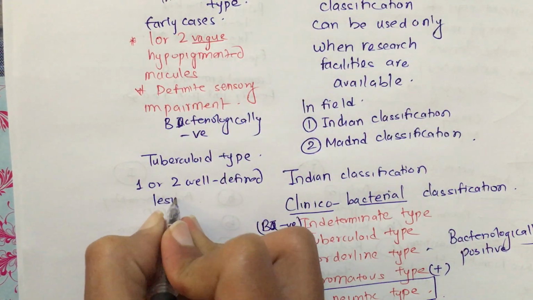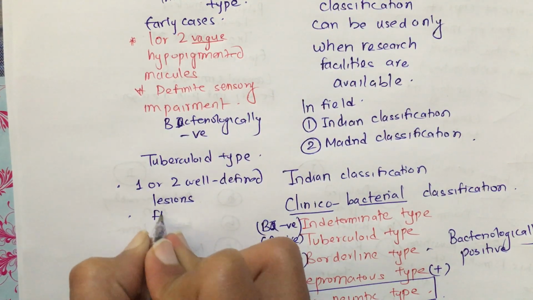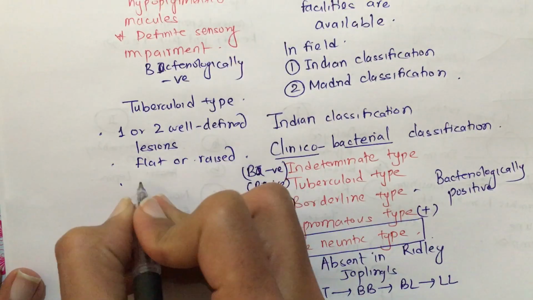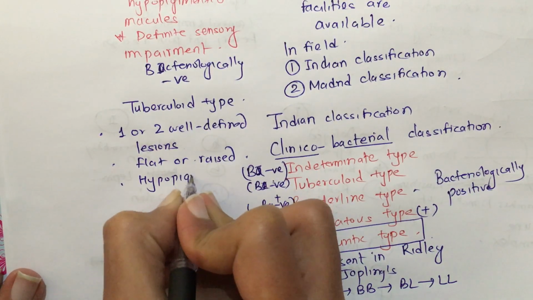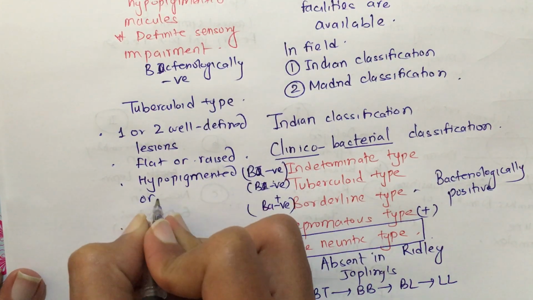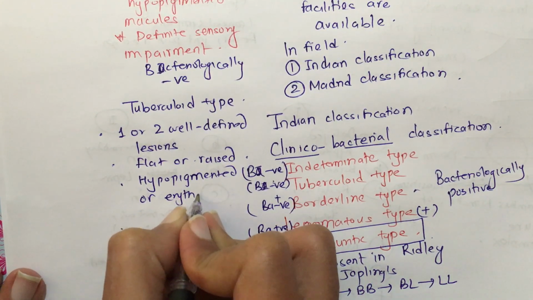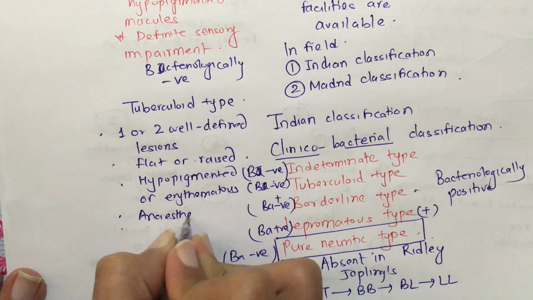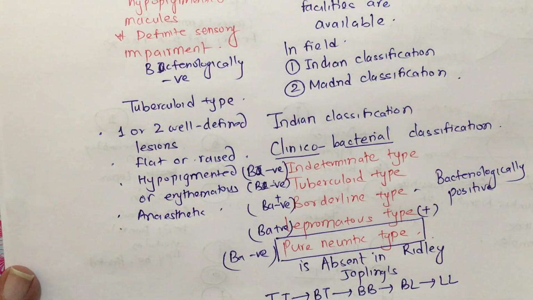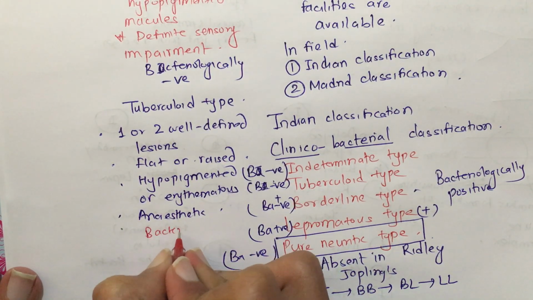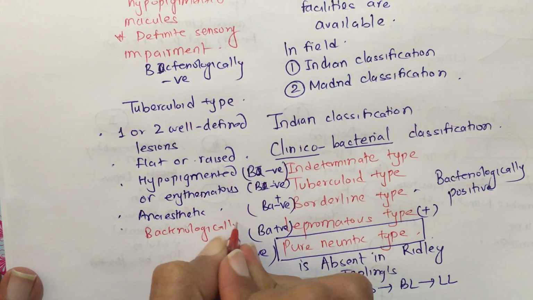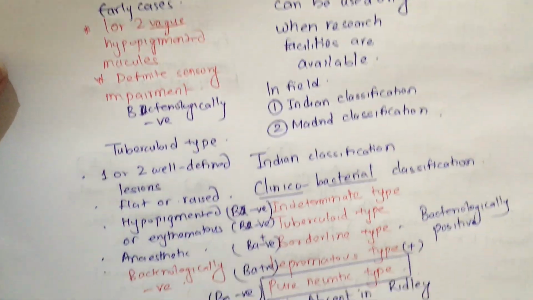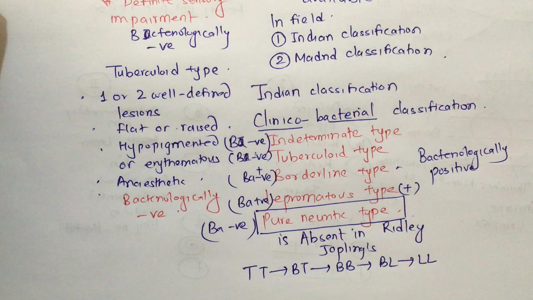These lesions can be flat or raised, and hypopigmented or erythematous, and these lesions are anesthetic, and this is also bacteriologically negative. So the indeterminate type is bacteriologically negative, and the tubercular type is also bacteriologically negative.